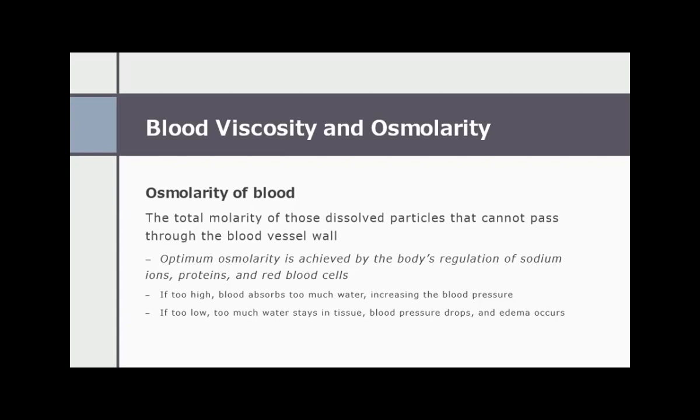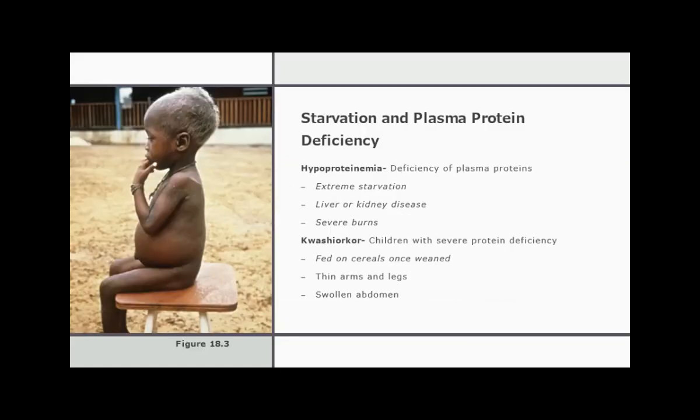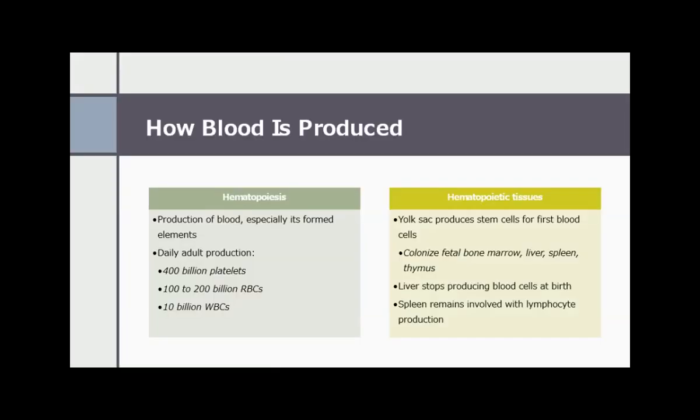So that's why you see such thin legs and arms, because there's just not enough muscle mass there, because the body is robbing from it in order to supply it, okay? And then that swollen abdomen is that retention of water. Any questions on that?